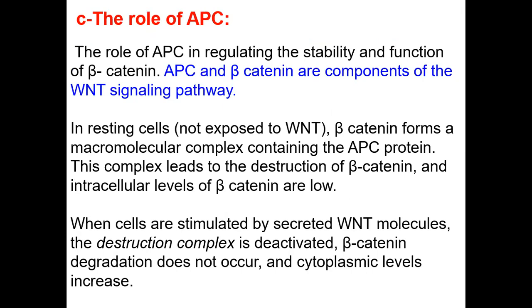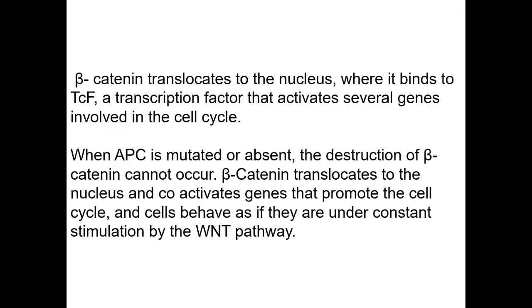In the resting cell, beta-catenin forms a macromolecular complex containing the APC protein. This complex leads to the destruction of beta-catenin, and intracellular levels of beta-catenin are low. When the cells are stimulated by secreted Wnt molecules, the destruction complex is deactivated, and the beta-catenin degradation is failed, and the cytoplasmic level will be increased.